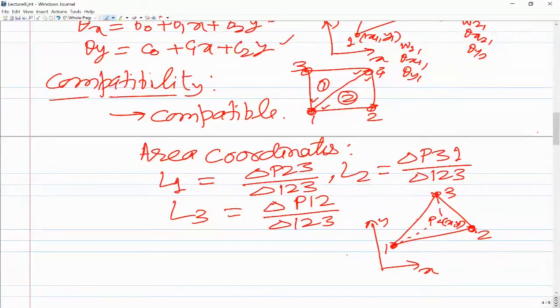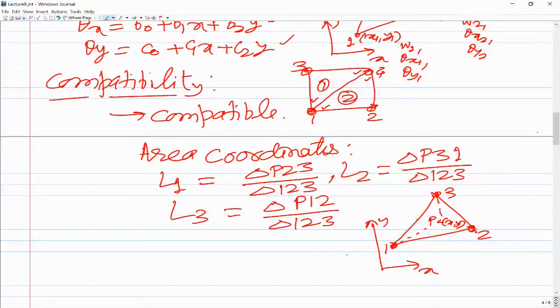Sir, P is a variable x, y coordinate inside the element, and 1, 2, 3 are the nodes with coordinates x1, y1, x2, y2, x3, y3. L1 should be in terms of x and y, yes, because the area of the triangle P23 will be in terms of x and y.